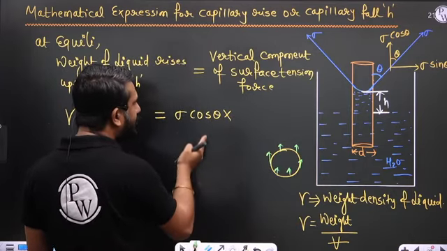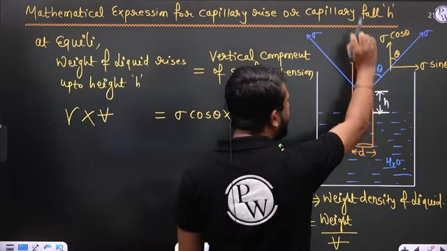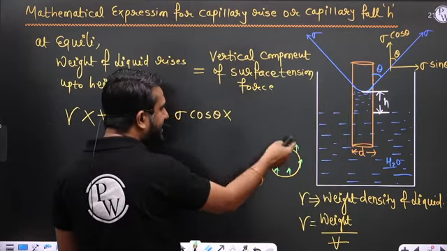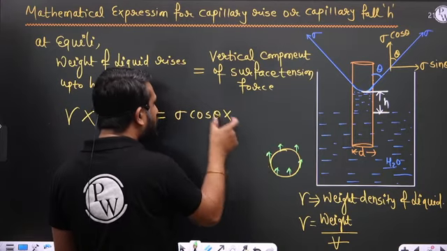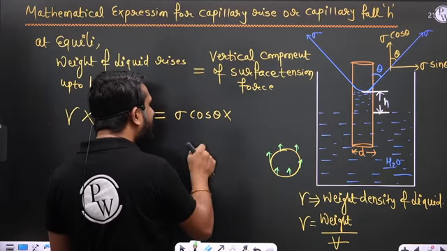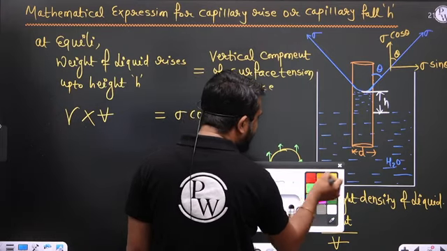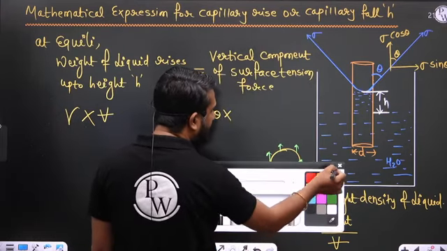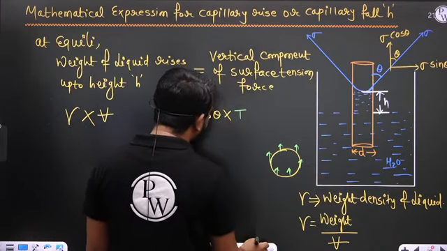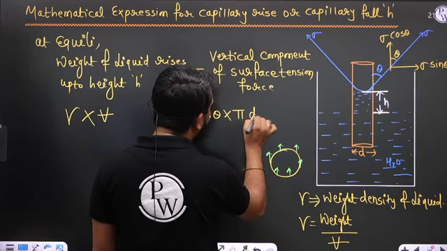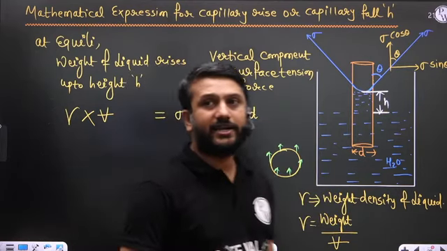If theta is equal to 0, then that is vertical. So the surface tension per unit length multiplied by the length where surface tension acts is sigma cos theta multiplied by pi into d.